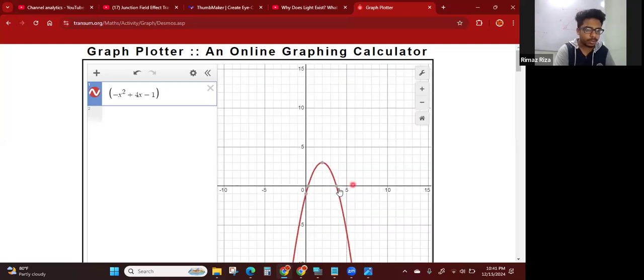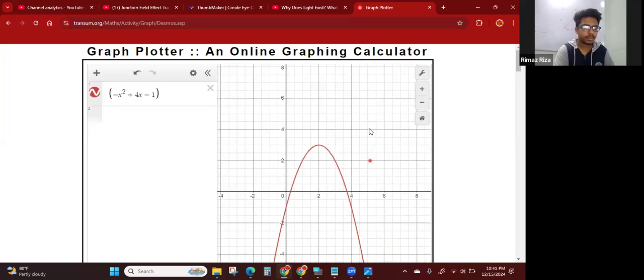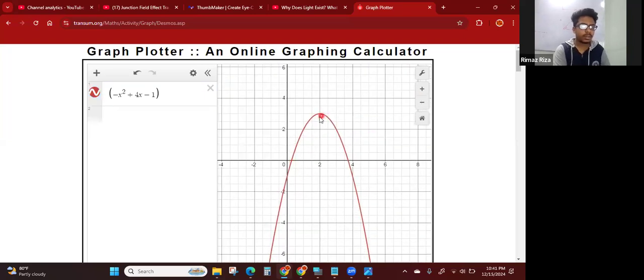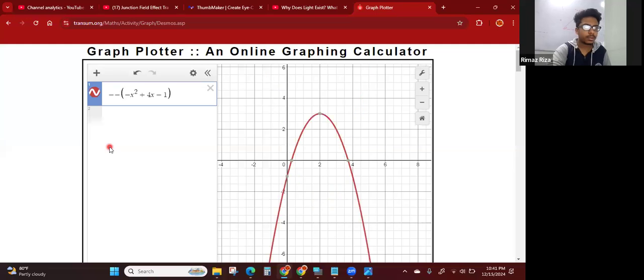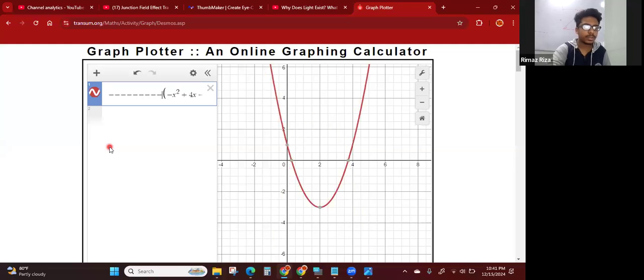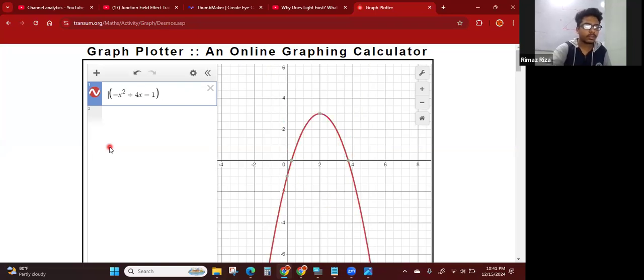When I put minus here, what happens? These 2 points stay fixed.